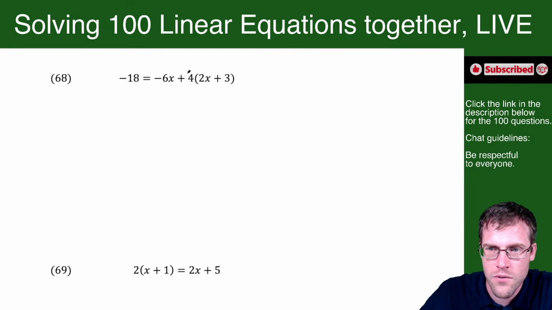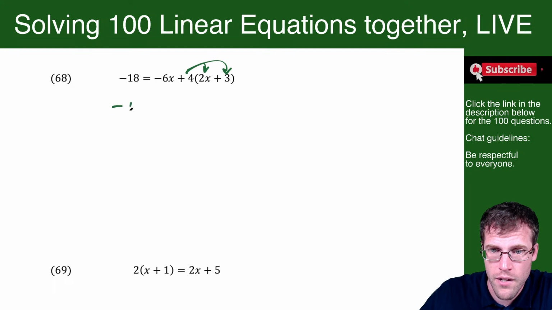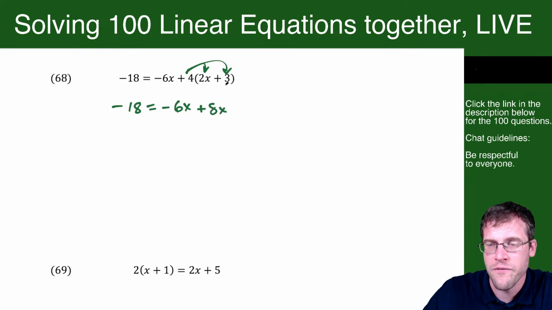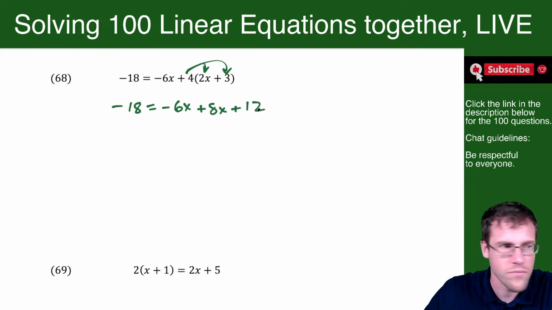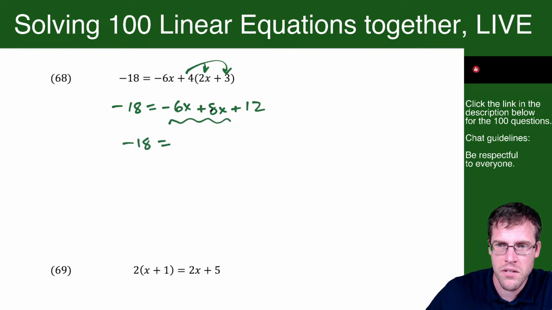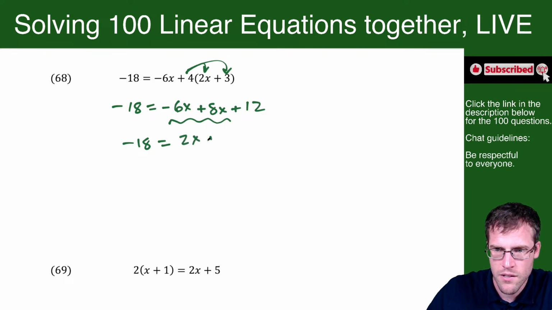All right. So now we're distributing the 4. So we have negative 18 equals negative 6x, 4 times 2x is 8x, and then 4 times 3 is 12. So here we can combine these two. Negative 6x plus 8x, you're doing negative 6 plus 8 is 2, and then just tack on the x.